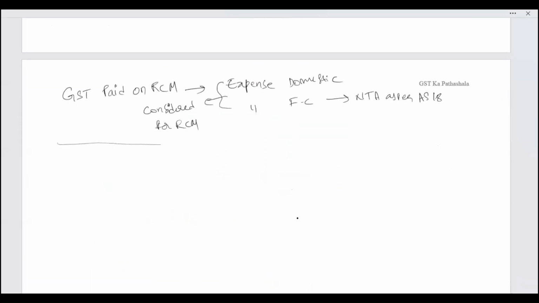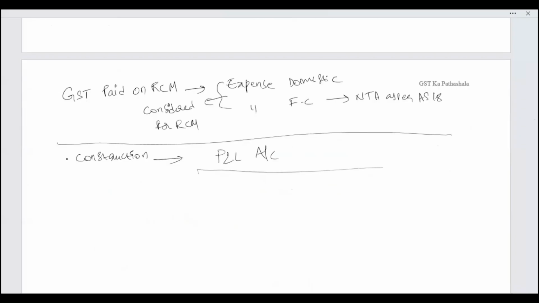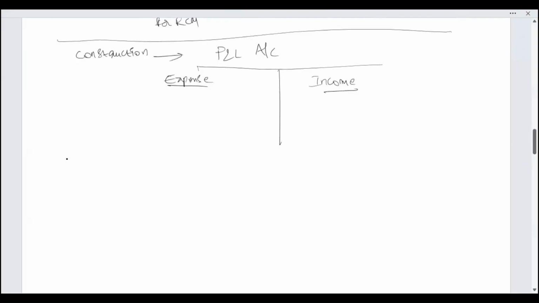In case of construction, I have to review the P&L account. This P&L account will have my income and expenses. So here we need to have project 1, project 2, project 3 income.